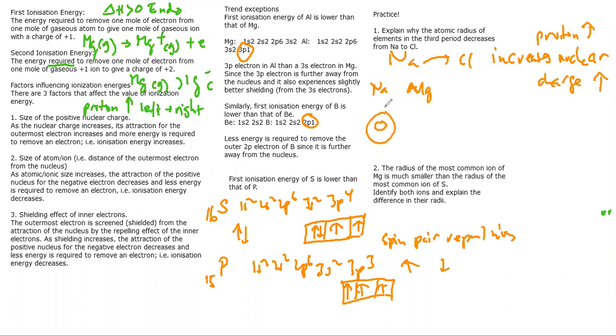So Na has 2,8,1, so you have one electron in the outer shell. Mg has 2,8,2, meaning you have two electrons in the outer shell of Mg. So what we can compare and contrast is that Mg has one extra electron compared to sodium, meaning we keep on adding electrons in the same shell, or in the third shell of this atom.